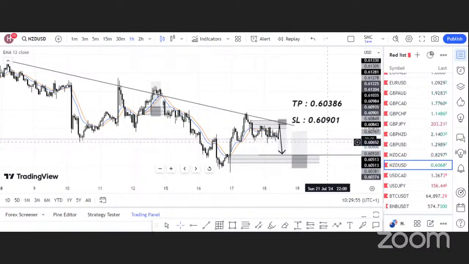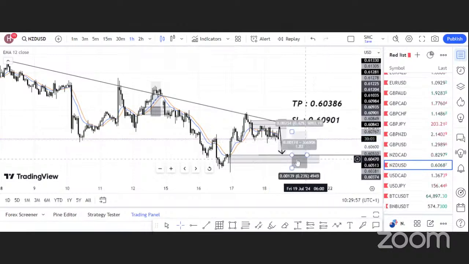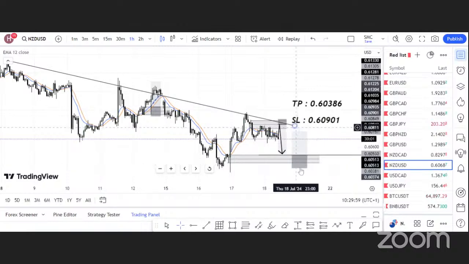Then I'll just click on buy. When the market sells down to this level, a buy order will trigger. The market will execute a buy order for me. That is what a pending order is all about.